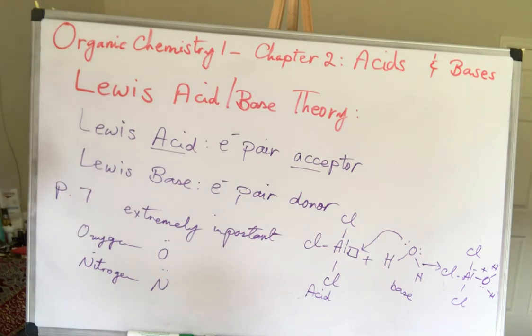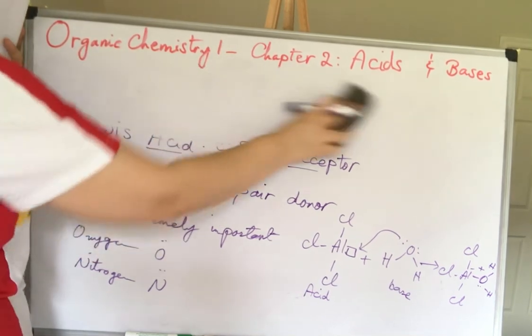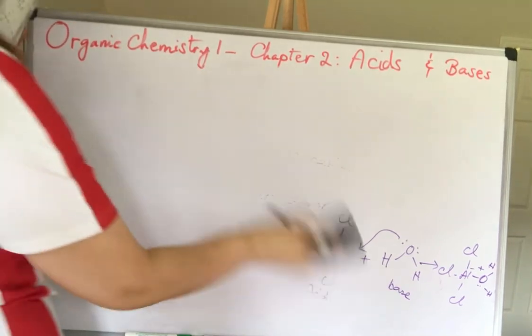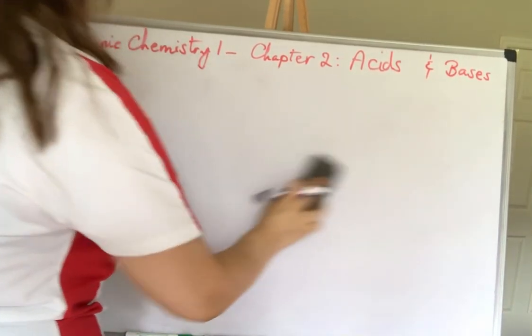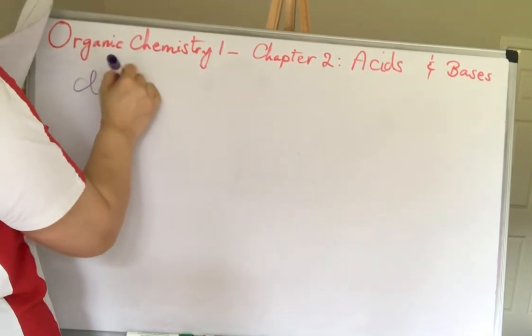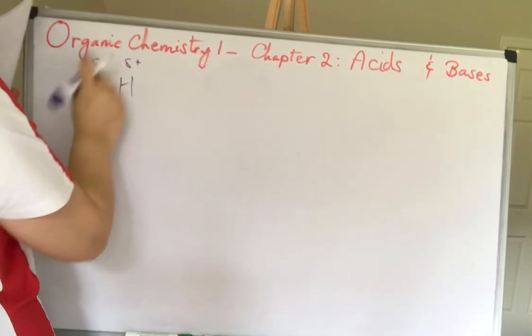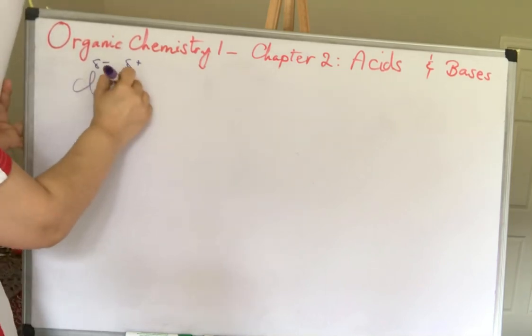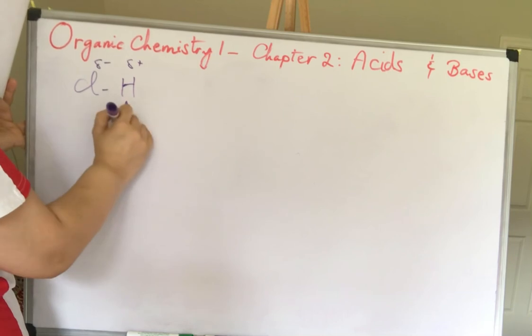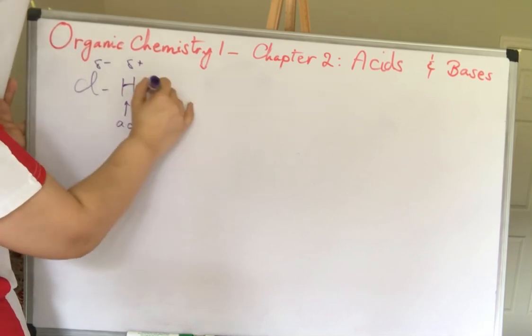The last page of this study guide is about more practice on both Lewis and Bronsted theory. Like HCl, it is a polar bond, right? So this is our Lewis acid, plus.